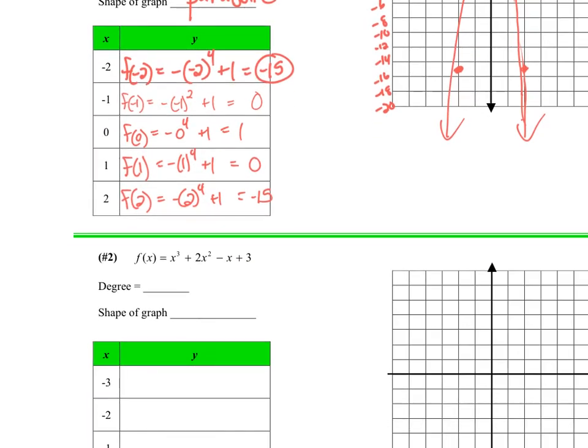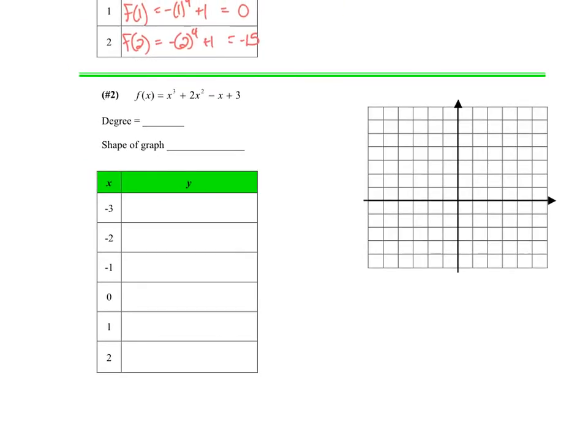And then we have one more graph on the note sheet here. The degree of number 2 is the biggest exponent. The biggest exponent here is 3, so it's the third degree. This is odd, so the shape of this graph is going to be a snake, which means it goes in opposite directions.